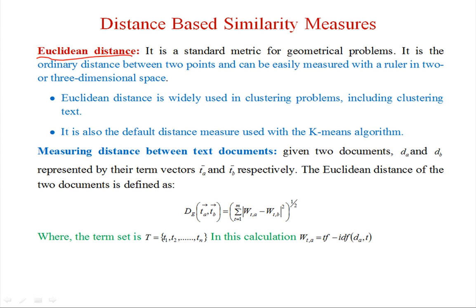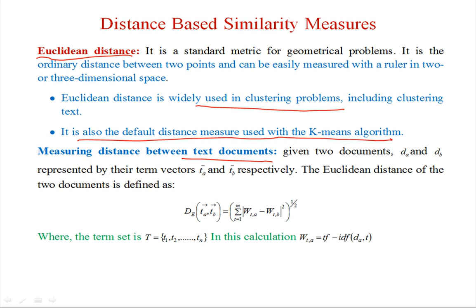It is the ordinary distance between 2 points and can be easily measured with a ruler in 2 or 3 dimensional space. Euclidean distance is widely used in clustering problems, including clustering text. It is also the default distance measure used with the k-means algorithm, measuring distance between text documents.